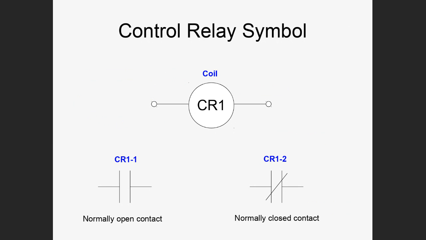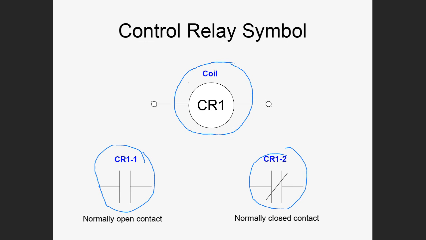There are two separate circuits. A relay is an electromechanical device that consists of an electromagnet that engages or disengages a switch, and the switch and the magnet are two separate circuits. So I can have this symbol here for the coil, the control relay coil, and then I can have the contacts, normally open and normally closed, that relate to CR1.